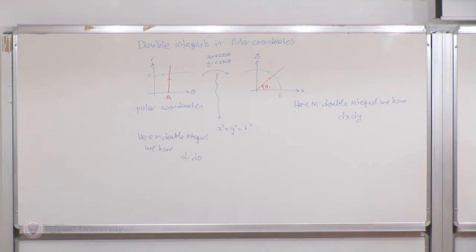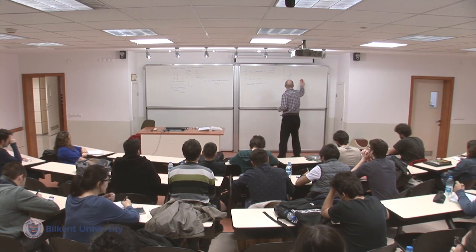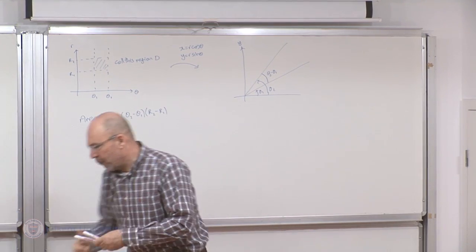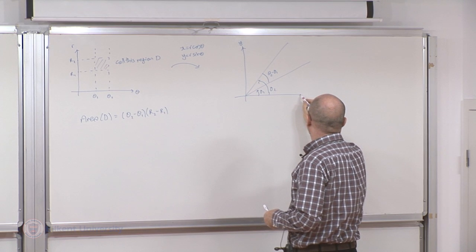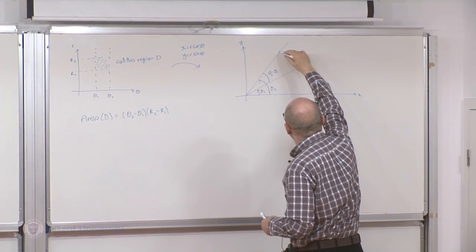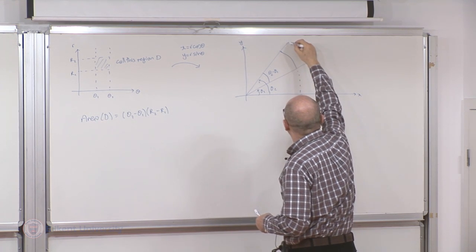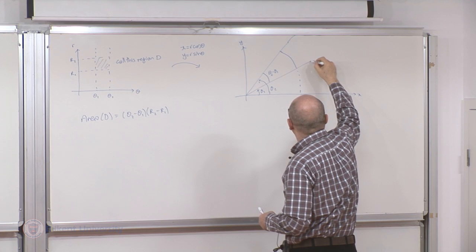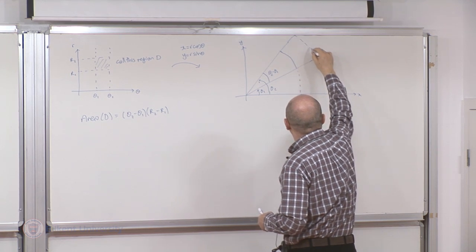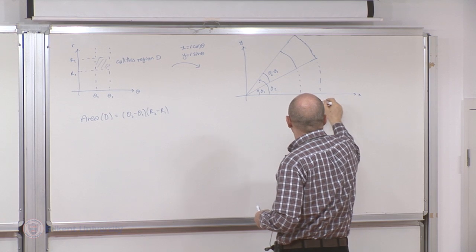Then we have this one, R1, and then we have this one, R2.